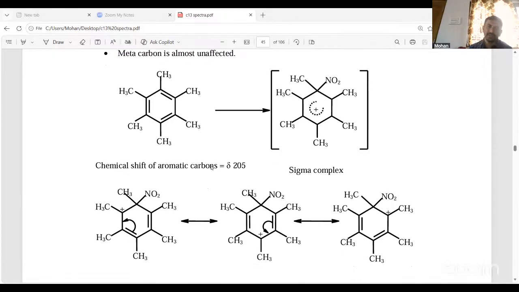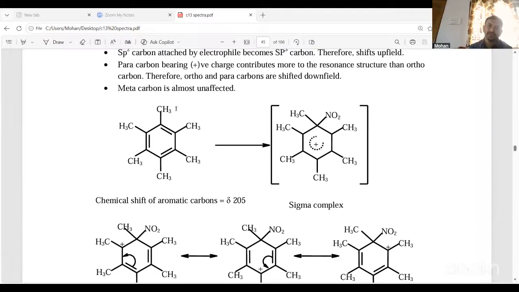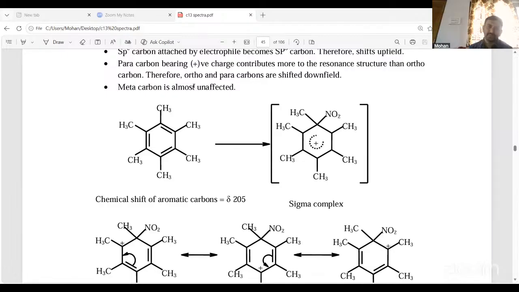So you can predict and study the reaction mechanism with the help of the C13 spectrum. For that, generally they choose hexamethyl benzene, and this hexamethyl benzene undergoes the nitration reaction.